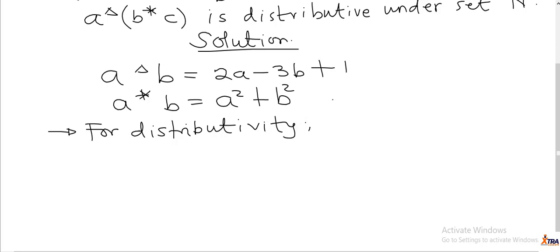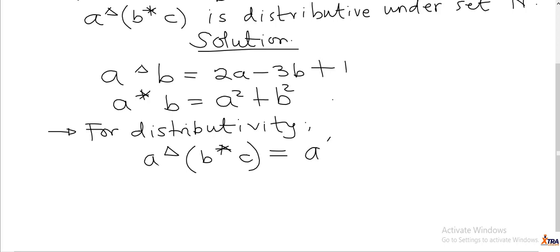For the distributive property, we are told that A operation, open bracket, B operation C, by distributivity should be like an opening of the bracket. It should be like an expansion process. So we say what?